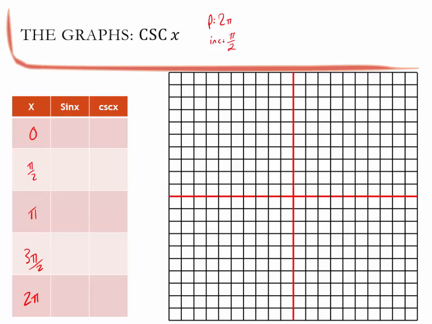Our starting point was 0 because it's our regular function. And so we get 0, 1, 0, negative 1, 0. Whenever sine is 0, we have undefined for cosecant. But we also have those values of 1 and negative 1. Those are the same.